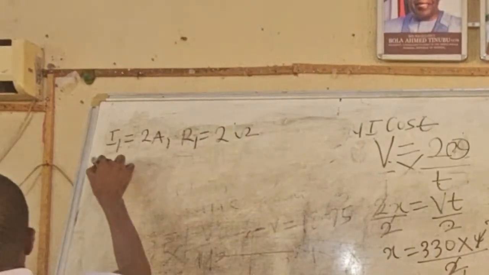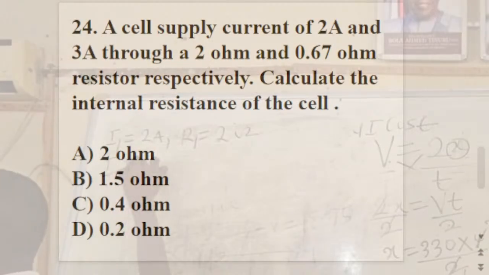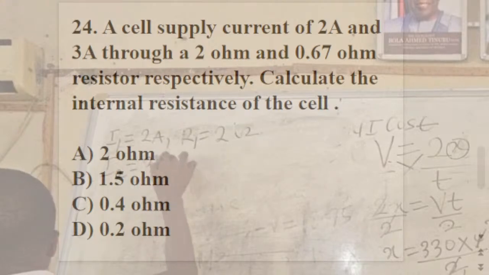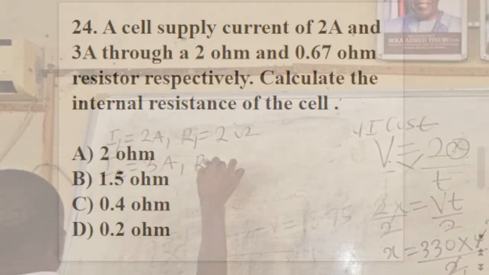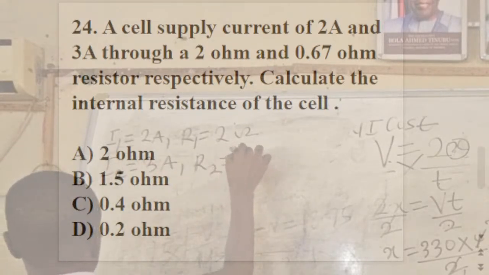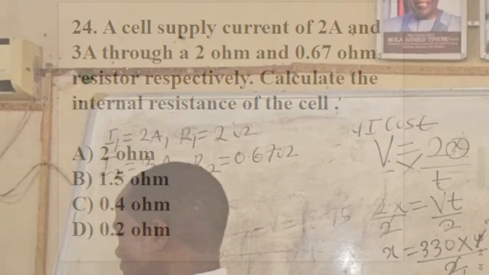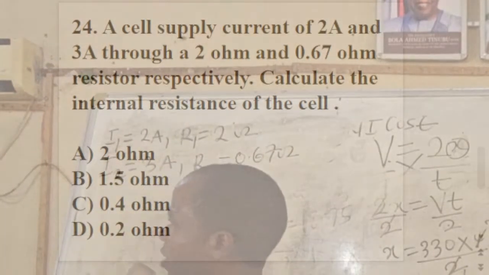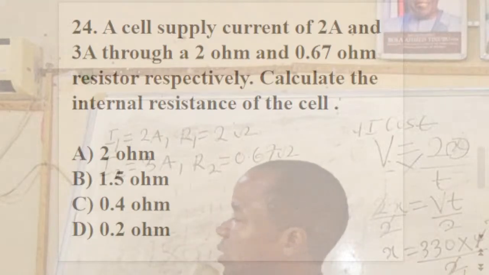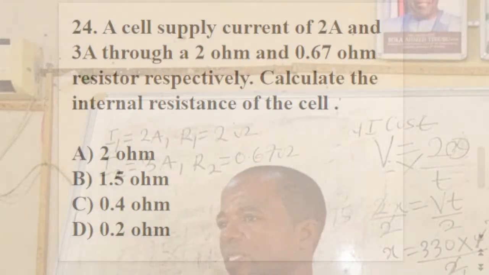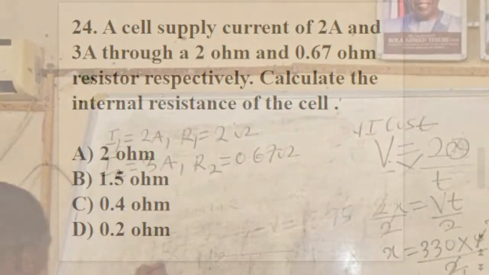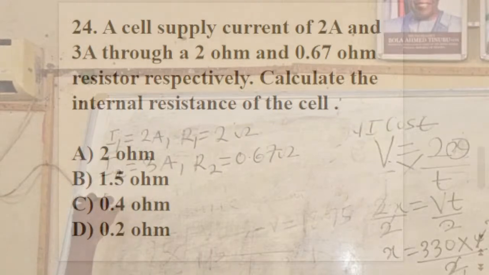And then the second current, I2, which is 3 ampere, will pass through the resistor R2, which is 0.67 ohms. Now the question is expecting us to calculate the internal resistance of the cell, which is small letter r. We are familiar with this famous equation.